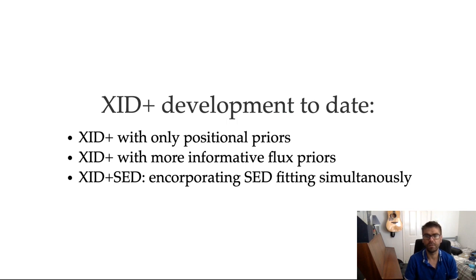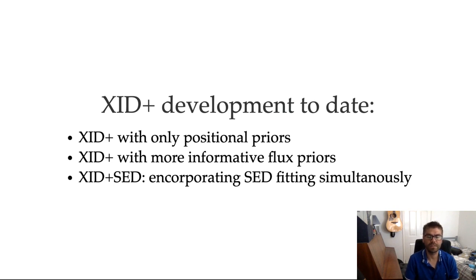And it's this version we use to produce multi-wavelength catalogues for the Herschel Extragalactic Legacy project. William Pearson extended the idea of priors further by using something we call more informative flux priors. And here he moved from uniform prior distribution on the flux to a Gaussian distribution coming from SED fitting at other wavelengths.